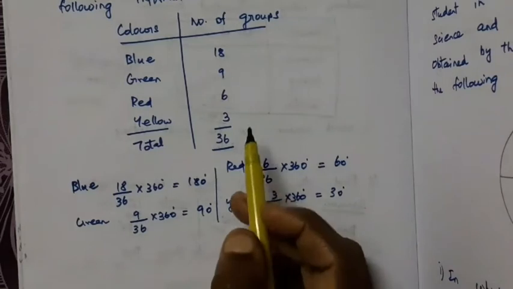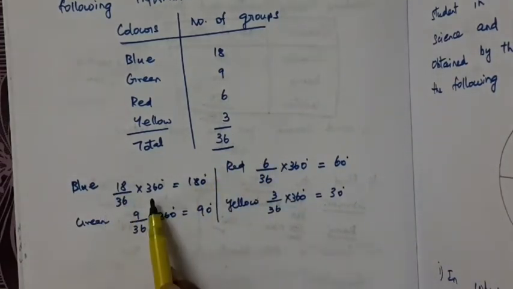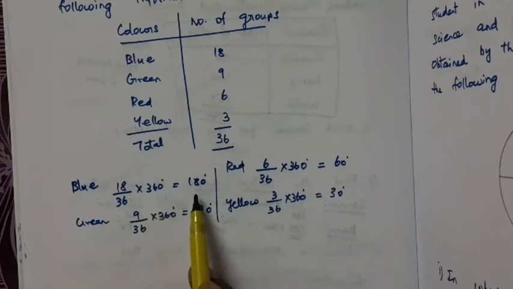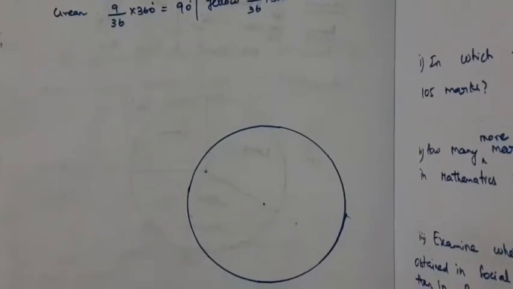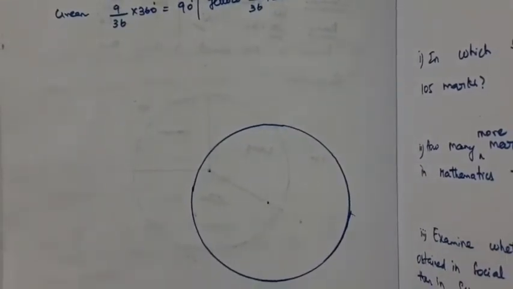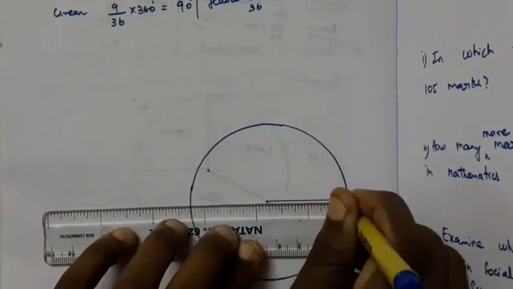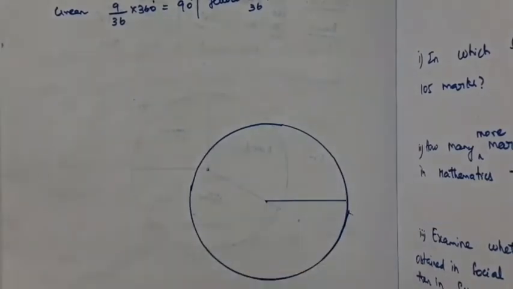So from the given information you have to first convert into fractions. From the fractions multiplied by 360 you will get the angle. So once you know the angle, you know how to plot it. So the first is blue. First I will draw a line like this. Blue is 180. We know that 180 is a straight line.